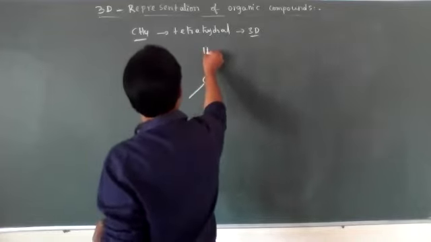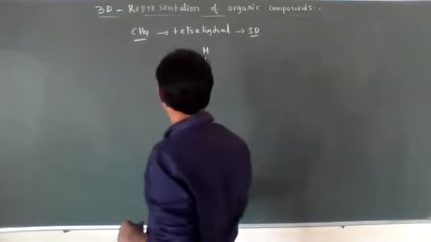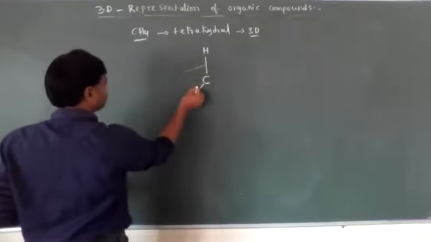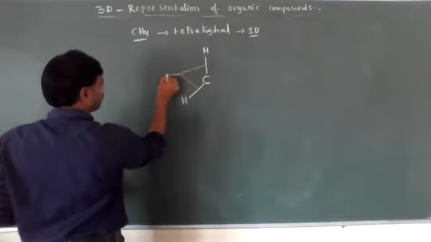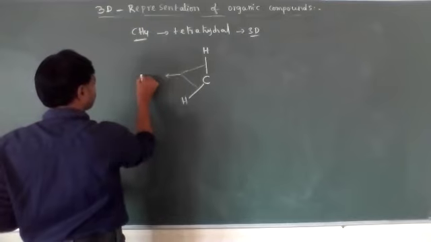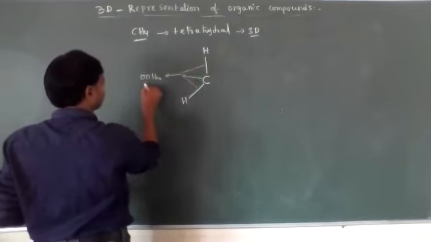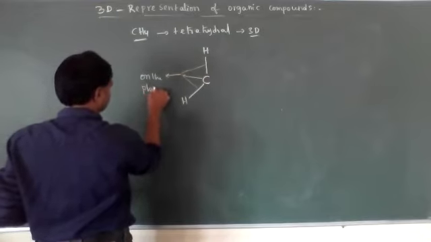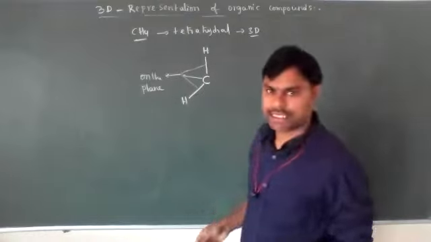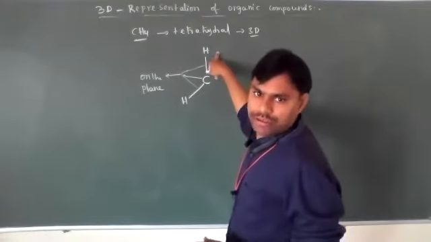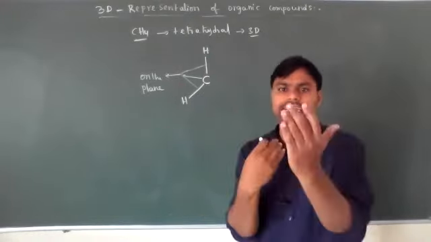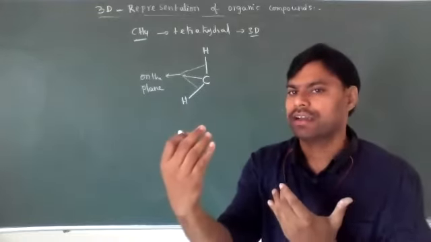These 2 atoms are present on the plane. Next, the remaining two groups are two hydrogen atoms. One is front side, another one is back side.